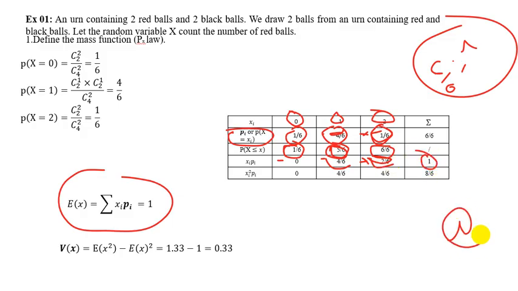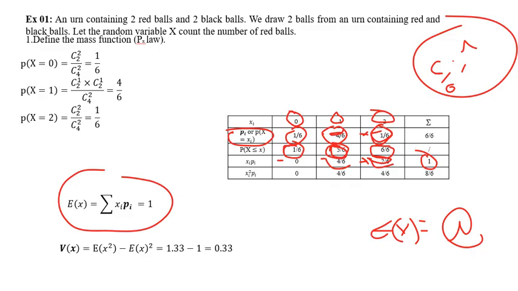This is the expected value of x. And what does this tell us? In this experiment, when I draw 2 balls, I expect to get 1 red ball.